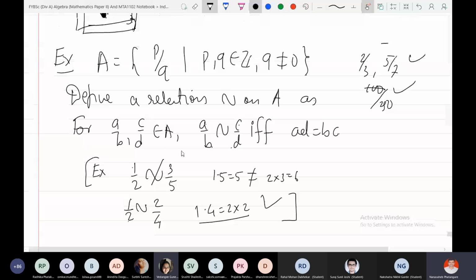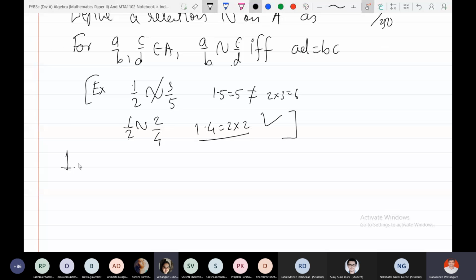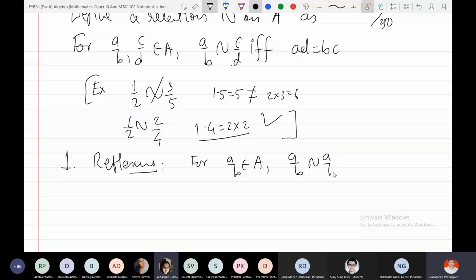So, okay, now my first question is: is it reflexive? Is A by B related to A by B?